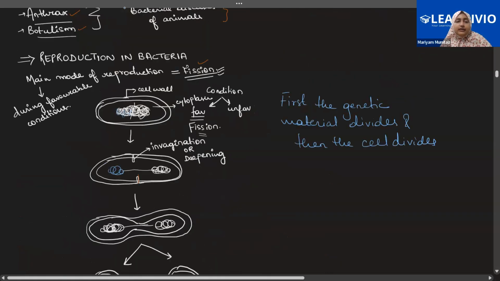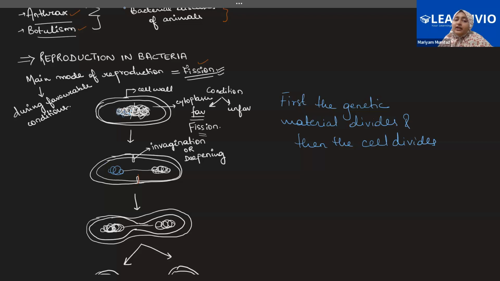Now, always remember that fission will happen under favorable conditions. Favorable conditions means when nutrients and all the perfect conditions are present.